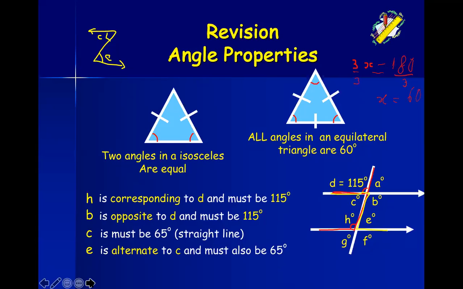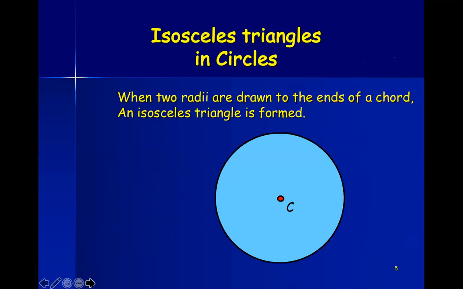Now we talked about isosceles triangles, triangles with two lines that are equal. So when two radii, radii is the plural for radius, are drawn to the ends of a chord. The chord is just a line cutting your circle.